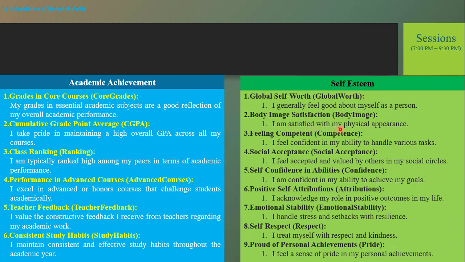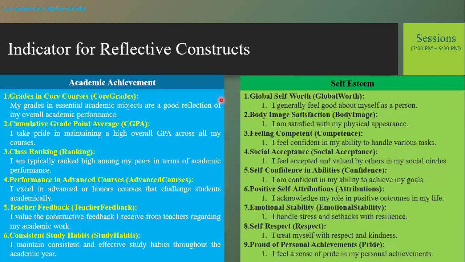"I am satisfied with my physical appearance," it increases self-esteem. "I feel confident in my ability to handle various tasks," it increases self-esteem. So when a statement is causing your construct, it means you are using a reflective construct. This is how we can understand the construction of reflective constructs.